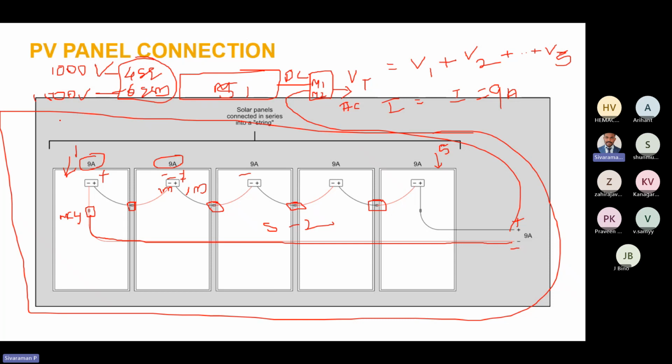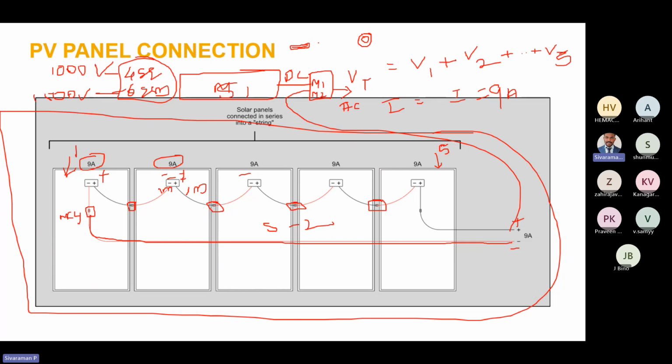Most of these cables are copper cables, again coated with tin. What it means: the cable conductor normally has an insulation on top of it. For PV, a separate insulation is available. That insulation has UV protection, because these solar PV systems are exposed to the sun.